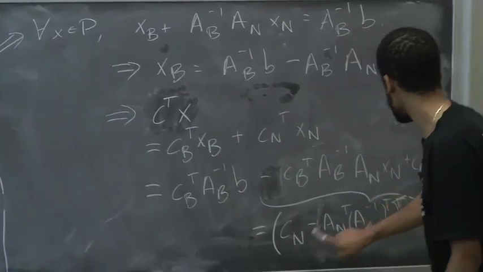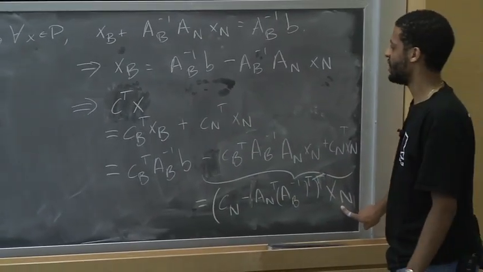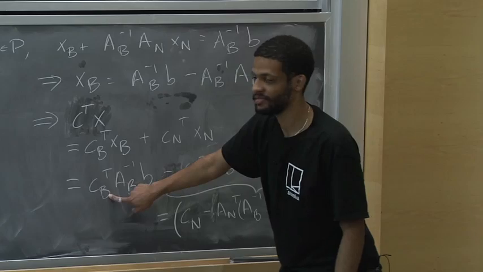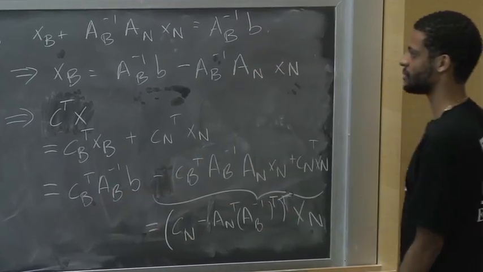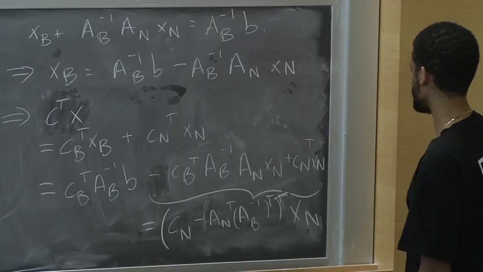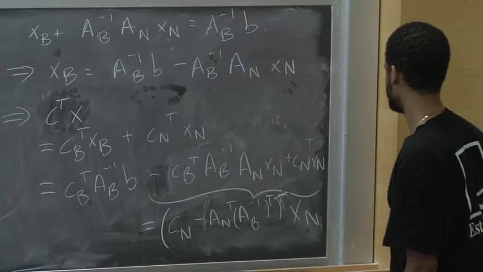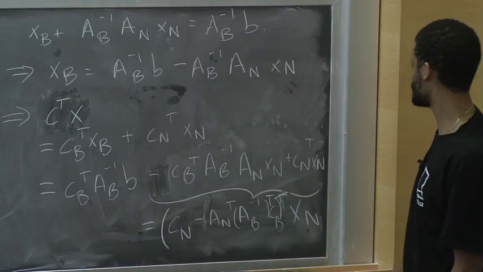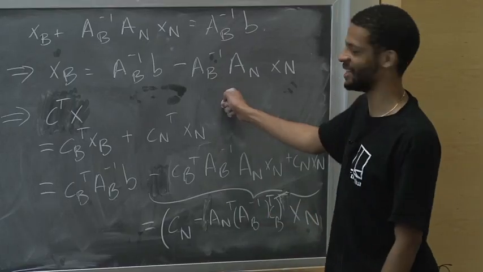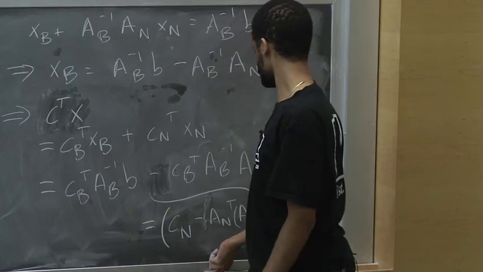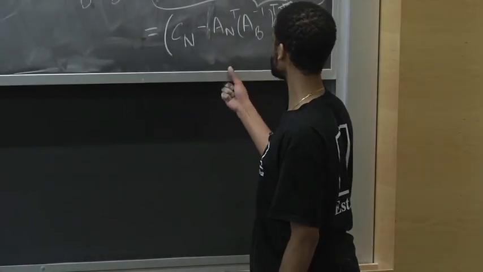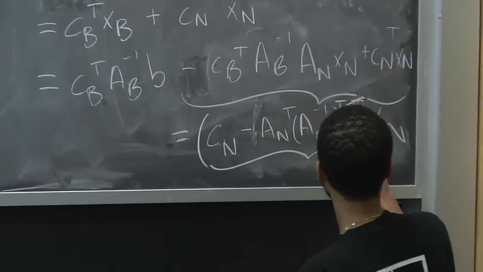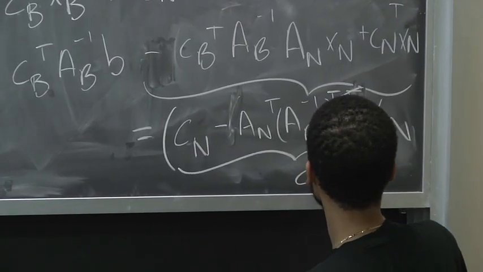So here's my CN transpose xN, and there's my CB transpose and so on. This thing here, I'm going to call C sub N tilde.